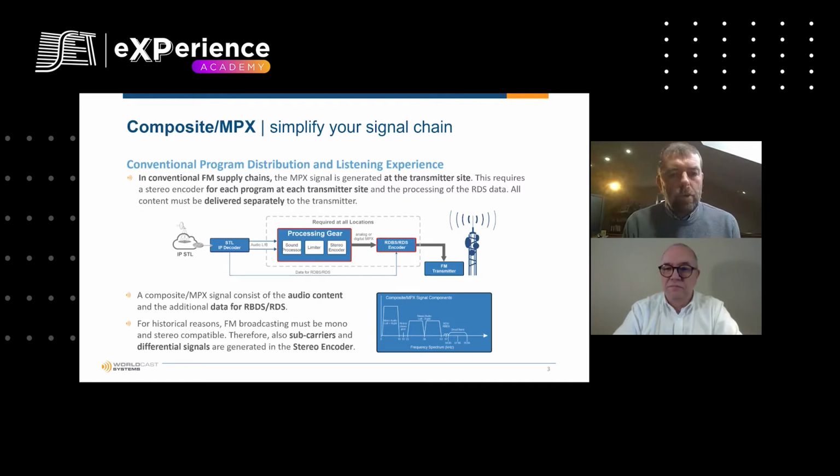And then we had the processing gear at the transmitter site, which produced a stereo image, which was then input to the FM transmitter for broadcast. So the audio was transmitted, and then the stereo image with the RDS, subcarriers, the pilot was generated at the transmitter site. And that's traditionally how it was done if you didn't have an analog STL.